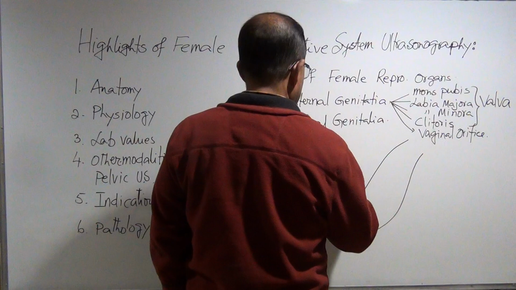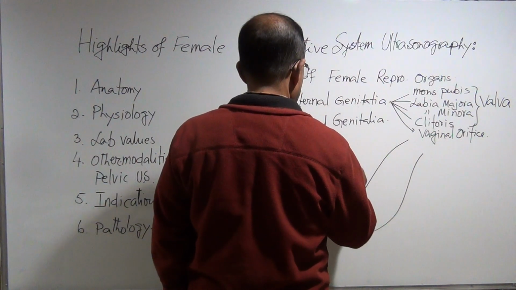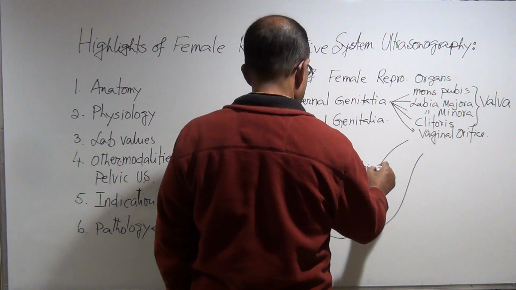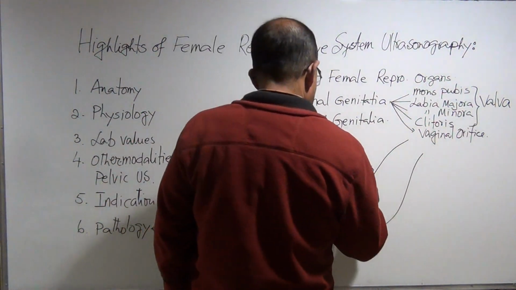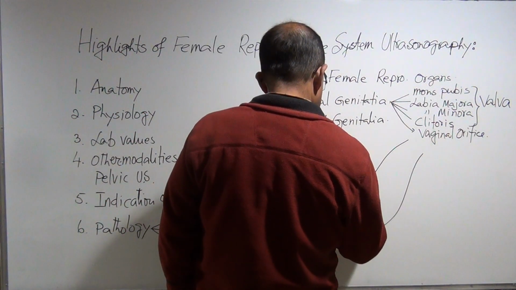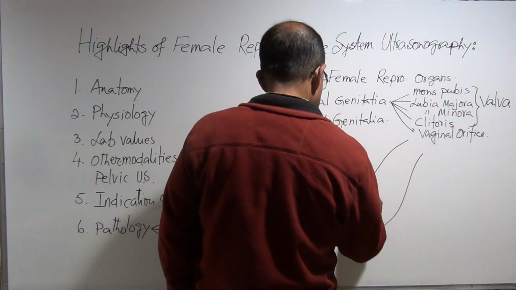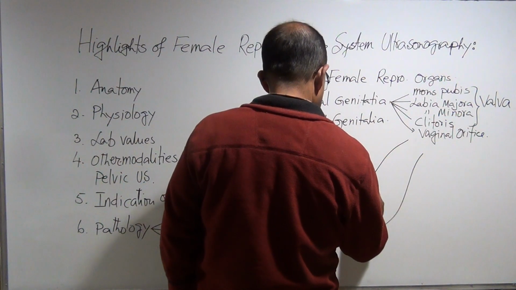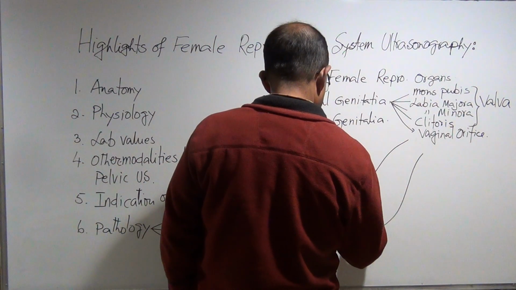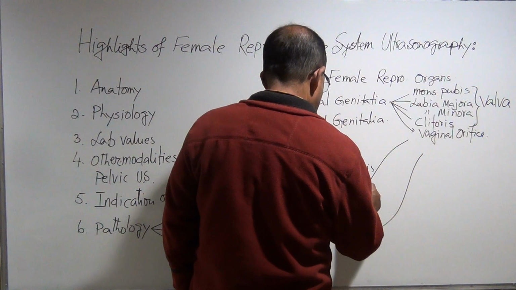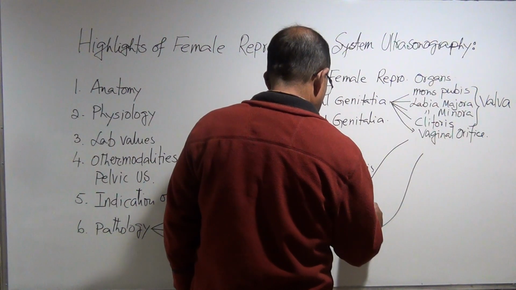This is the mons pubis, and this is the outer fold.